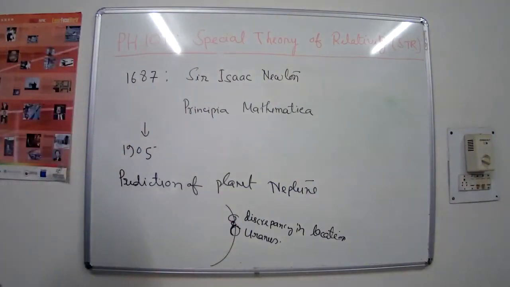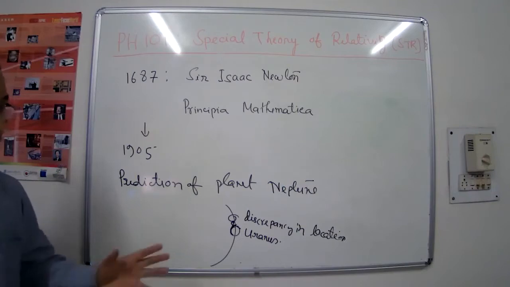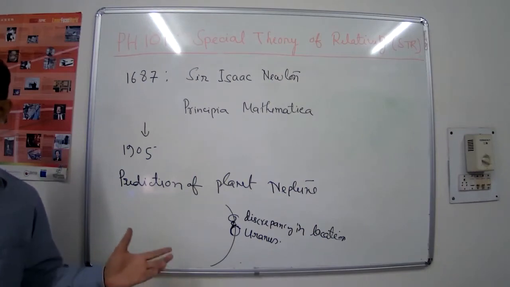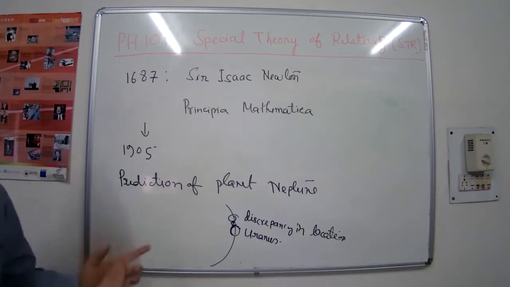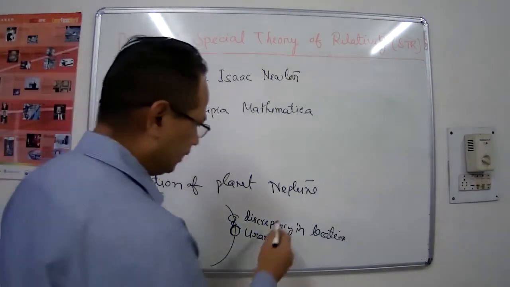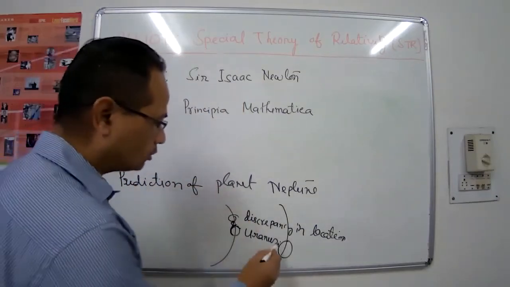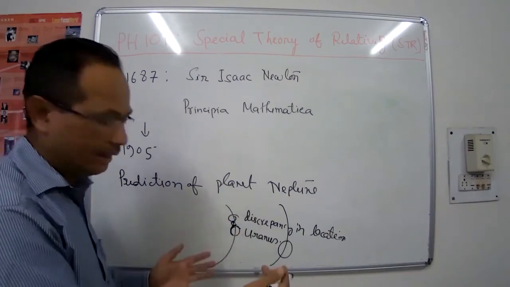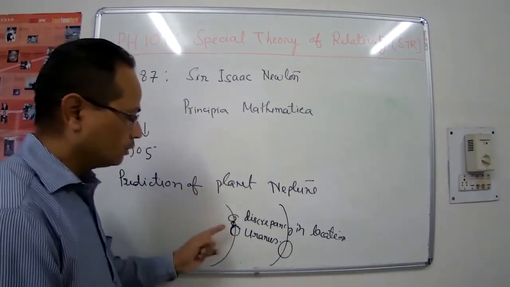And this was Newtonian mechanics, which was used to predict the location of Uranus. When a discrepancy was found, an effort was made to understand why Newtonian mechanics was not able to predict the location of Uranus correctly. Then it was suggested that there might be another planet nearby, not known till then, whose presence changes the location of Uranus.